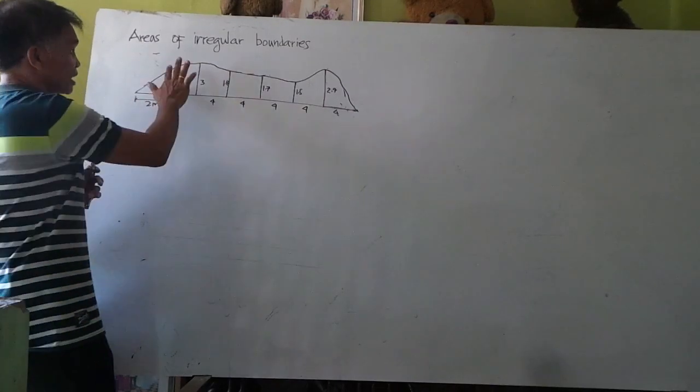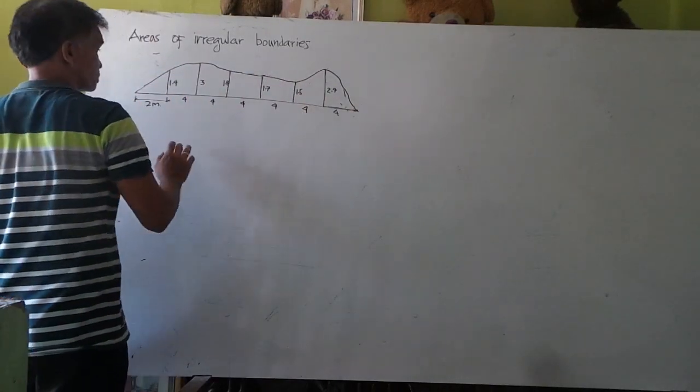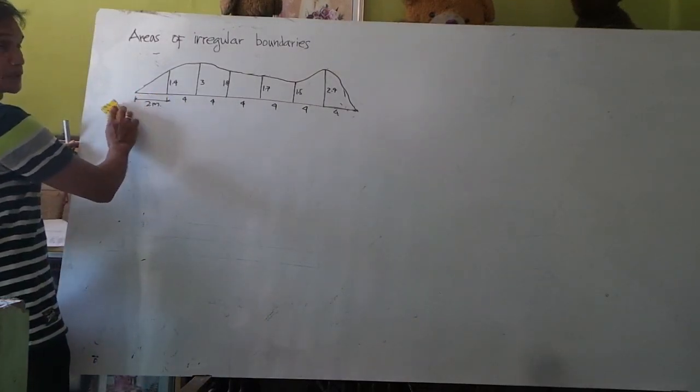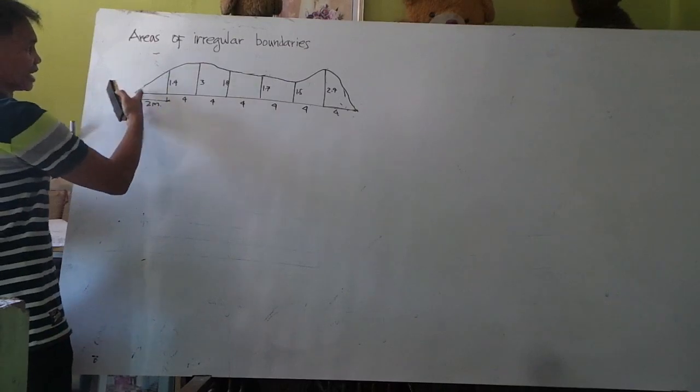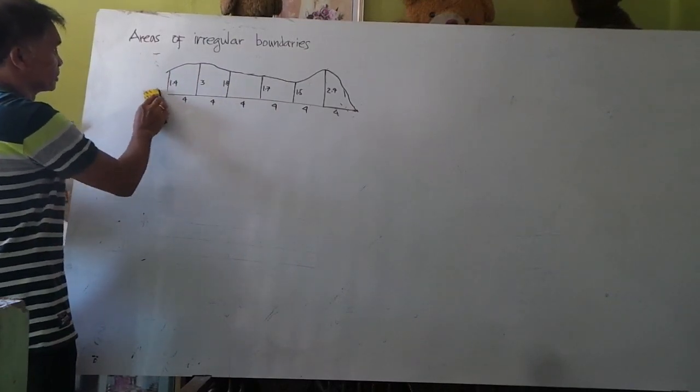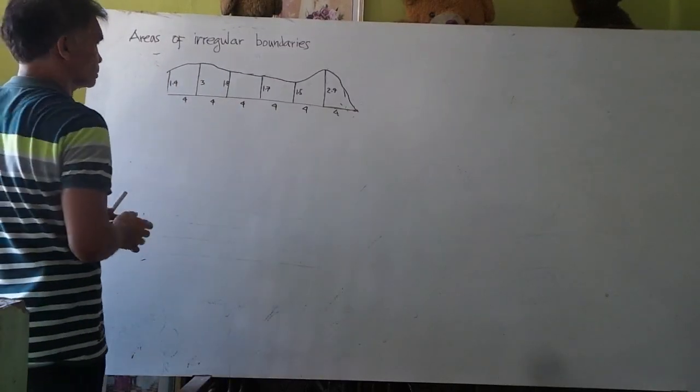We exclude this and compute this area separately. The rest is solved by Simpson 1/3 rule.